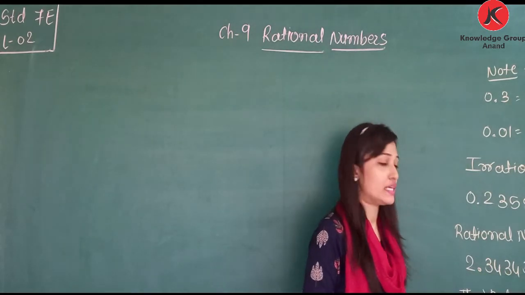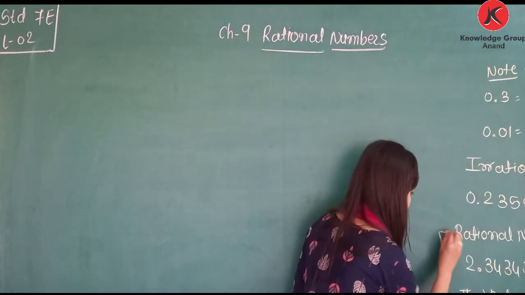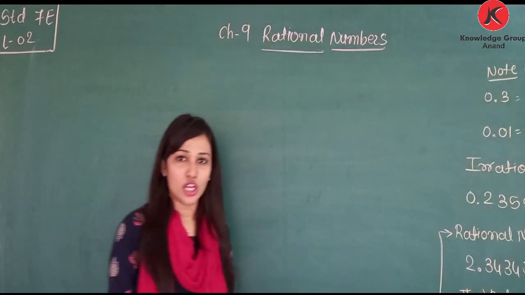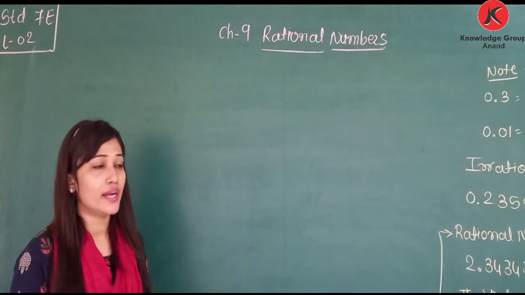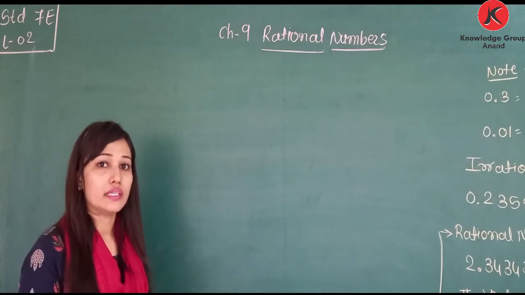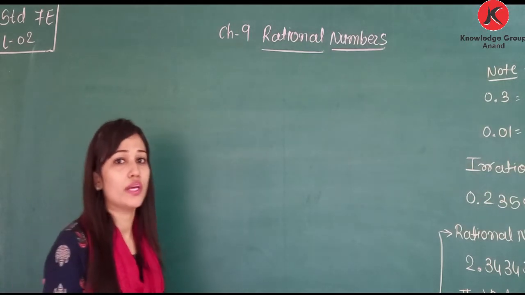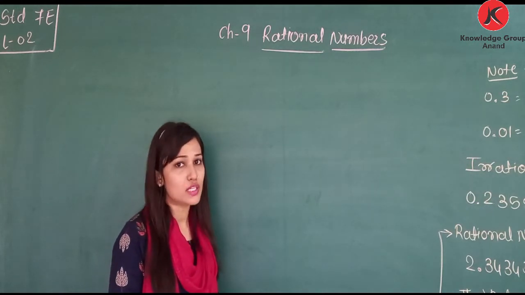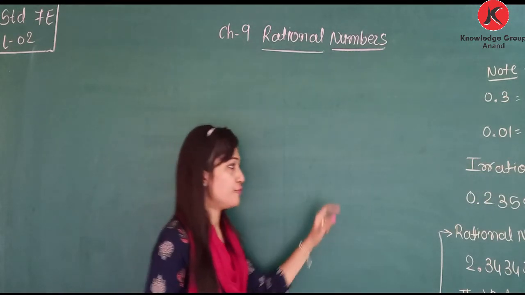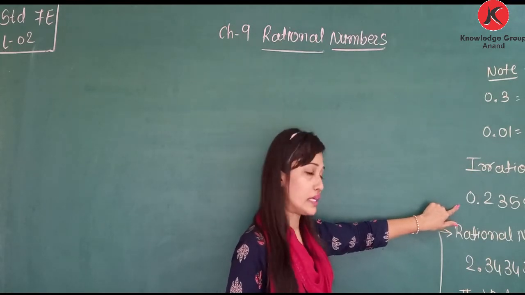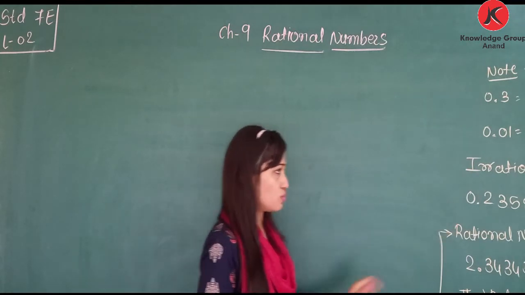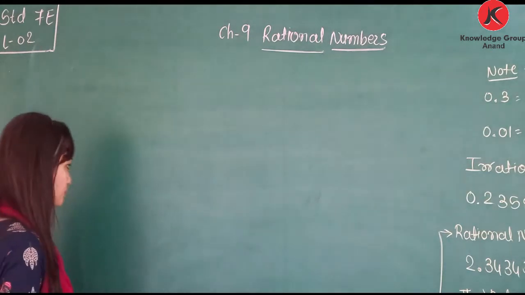That's why pi is a rational number. Pi is what? Rational number. Because if you divide 22 by 7, you get a decimal number, and the digits after the decimal point are repeating. If it is not repeating, then it is not a rational number, or you can say irrational number. Okay, so this is what we need to remember.